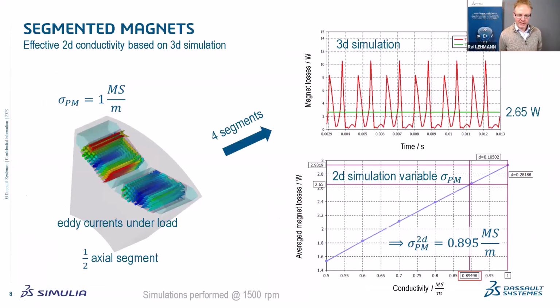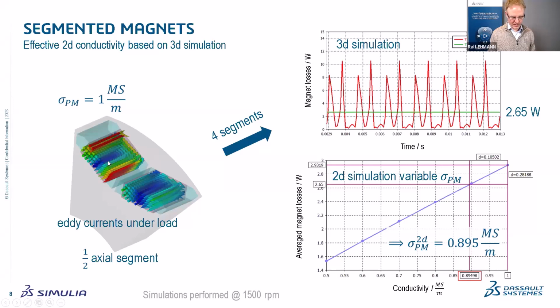The second one, as I said, is the segmentation of the magnets. And this is definitely a 3D effect, so we cannot incorporate it so easily. So the idea here is we take half of a section, so have a boundary condition here, which keeps the field normal, so the current normal.